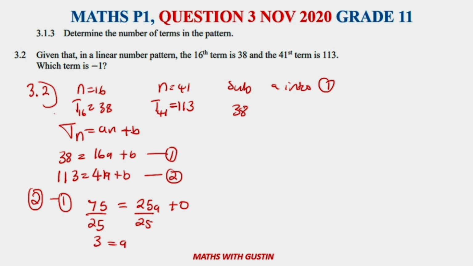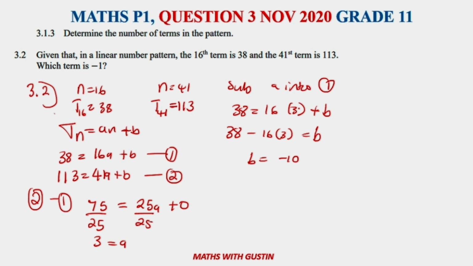So it's going to be 38 is equal to 16 times 3 plus b. Moving so quickly, guys. Then you come here and say 38 minus 16 times 3 is equal to b. Therefore b is equal to negative 10.